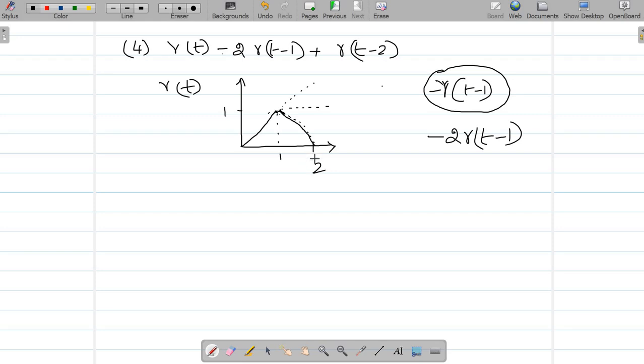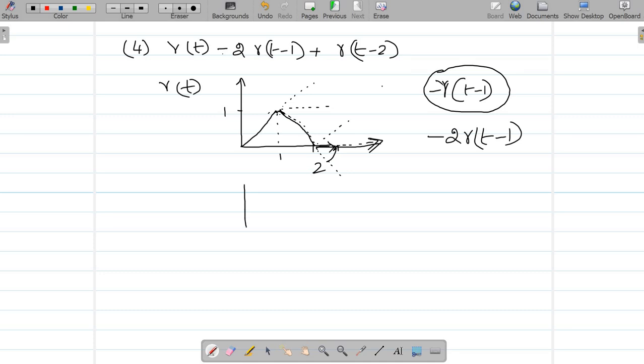At t is equal to 2, it is encountering another signal. So it is not going to proceed like this, it is going to bend like this. It bends because if there had been a 2 here, it would have become like this, but fortunately we are having only 1 here, so the signal has become like this.